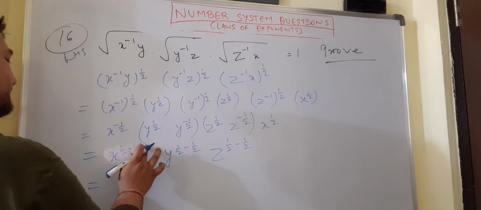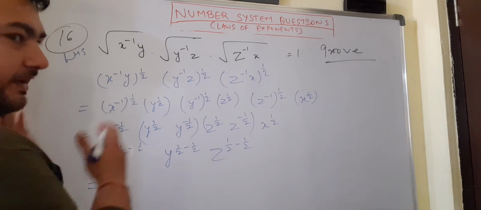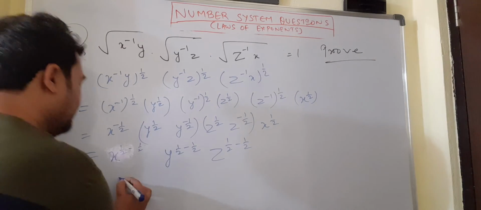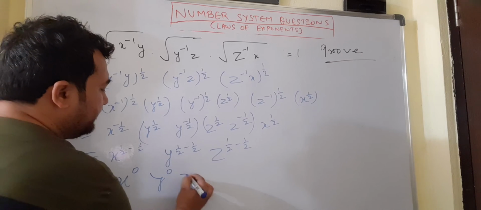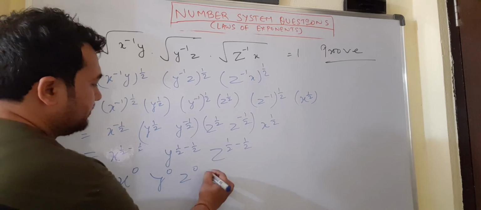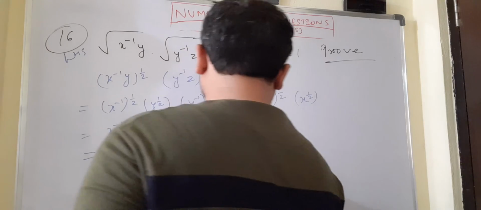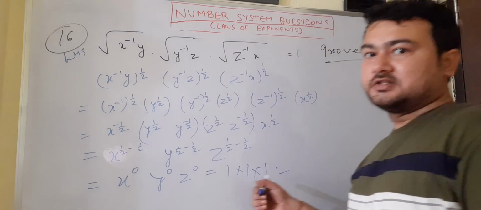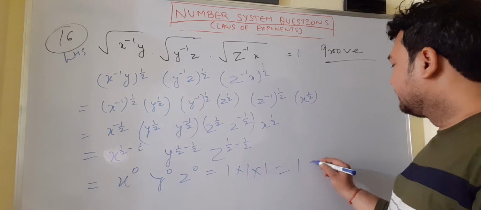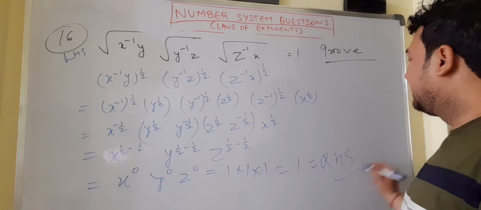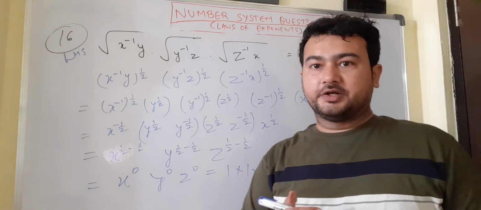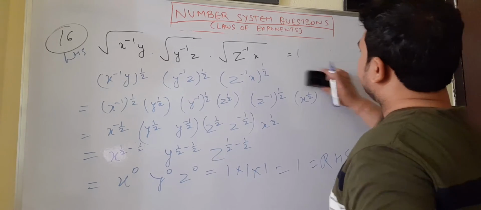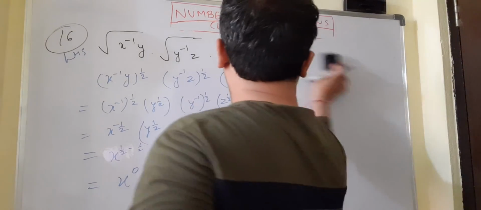Anything being subtracted from itself. I give you 5 apples and take back the 5 apples. What are you having? You are having 0 apples. X to the power 0, y to the power 0, z to the power 0. So x to the power 0 will become 1, y to the power 0 is also 1, and z to the power 0 is also 1. 1 multiplied by itself 3 times, it's 1. This is your RHS that was required to be proved, and you have proved it. This was your question number 16, and you have solved this also.